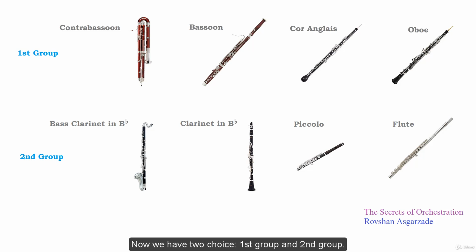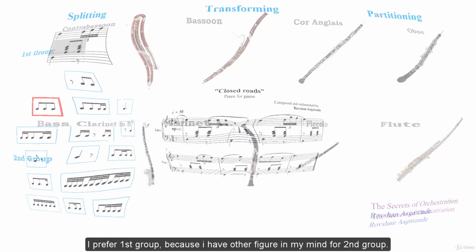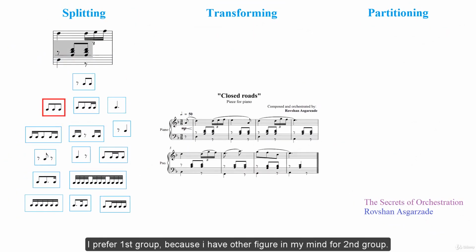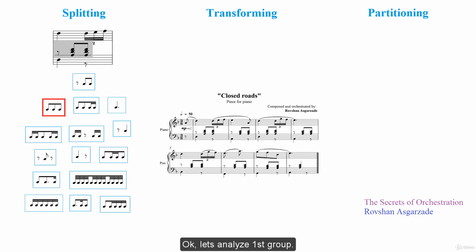Now we have 2 choices, first group and second group. I prefer the first group because I have another figure in mind for the second group, and they will play a more difficult figure than this. Okay, let's analyze the first group.